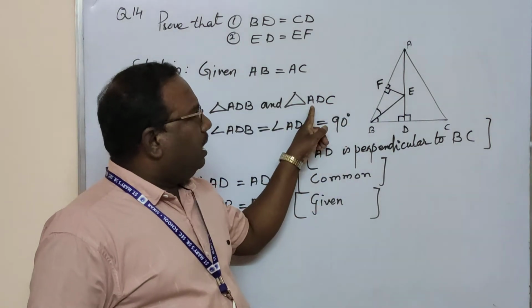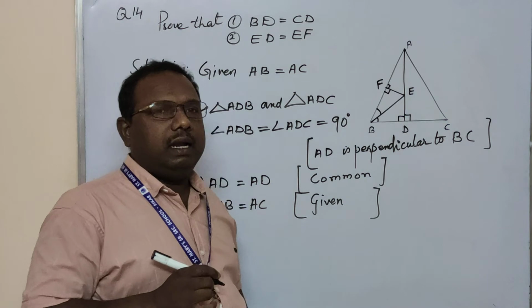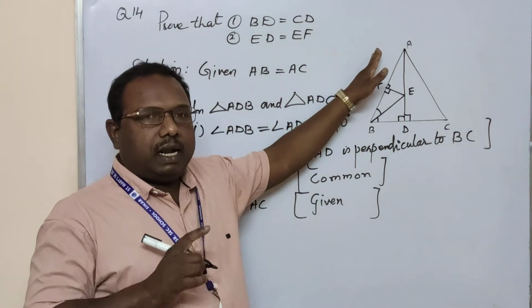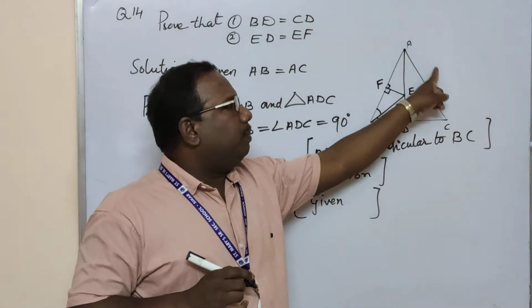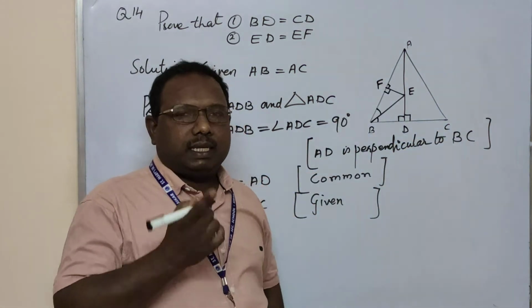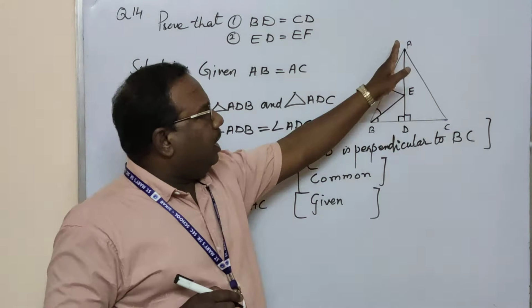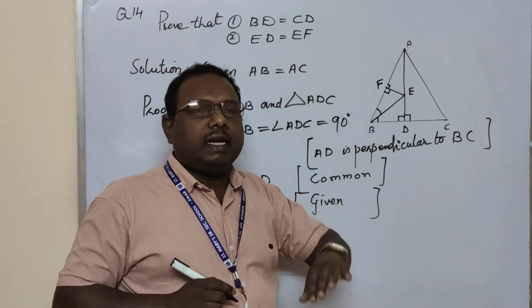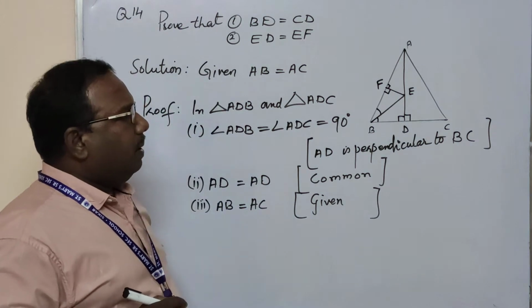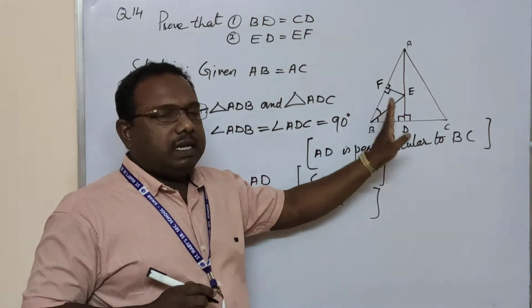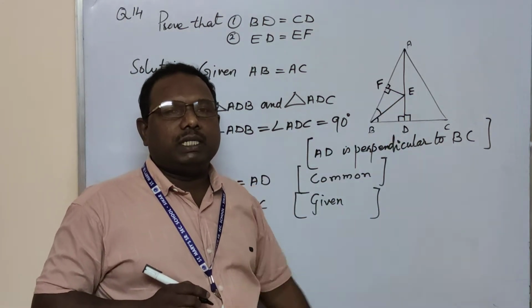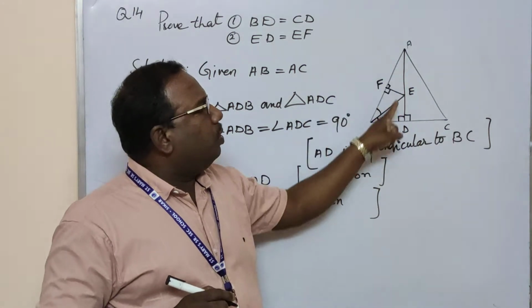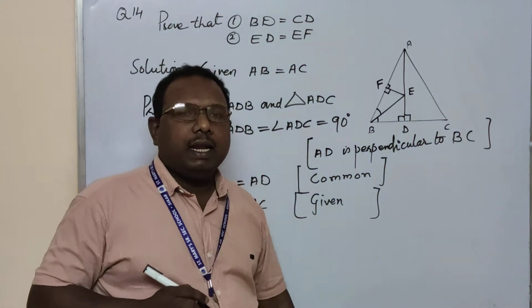Each of these triangles is a right angle triangle, and hypotenuse AB of first triangle is equal to hypotenuse AC of the second triangle, and AD of first triangle is equal to AD of second triangle. Therefore, by RHS criterion of congruency, triangle ADB is congruent to triangle ADC.